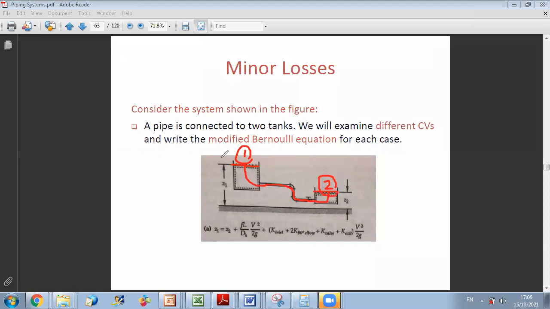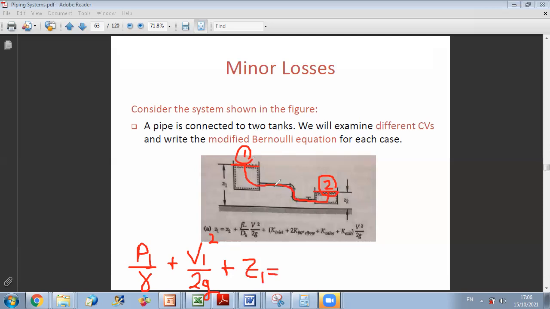We know that we have P1 over rho g, or over gamma, plus V1 square over 2g, plus Z1. So this is the energy at level 1.